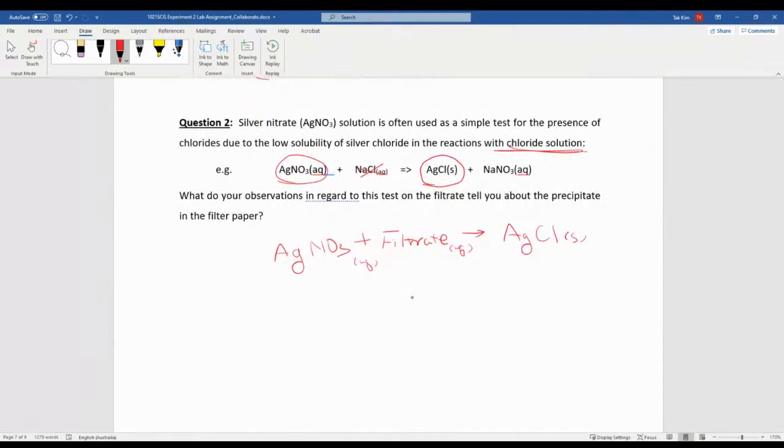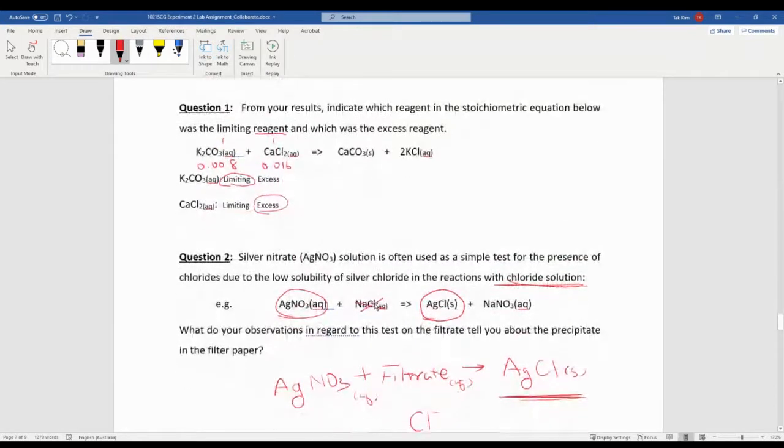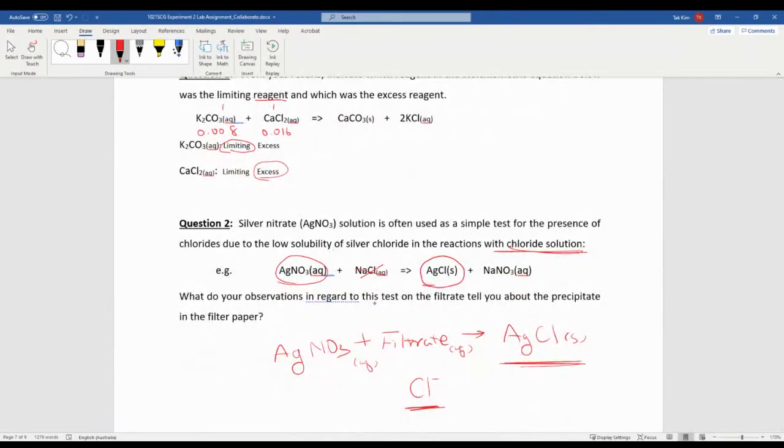To make silver chloride, you have to have chloride anion, and then you need to find out the source of your chlorine. When you look at the stoichiometry over here, you will see plenty of chlorine. First of all, you have excess calcium chloride, so you have 2 chloride ions, as well as your byproduct over here. So it should be 2, right?